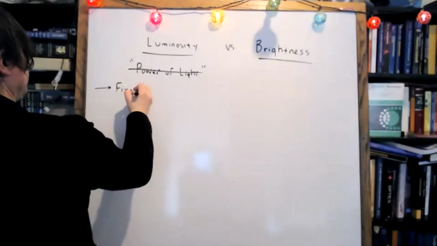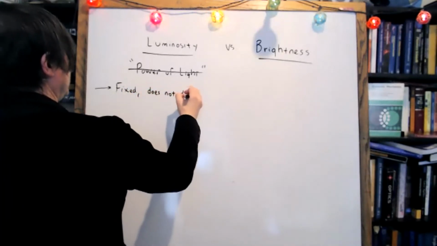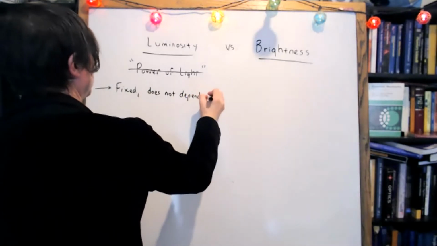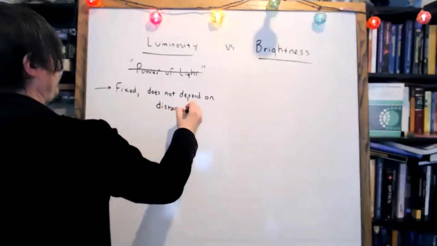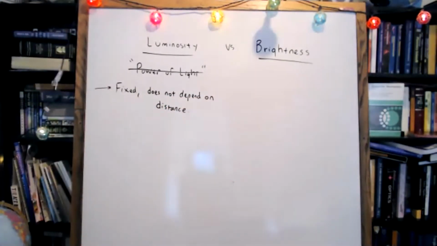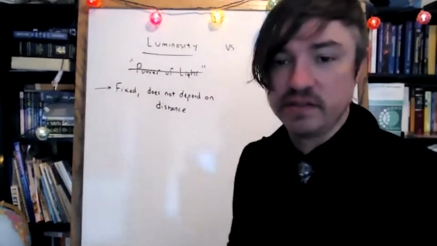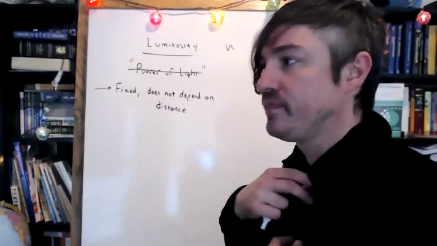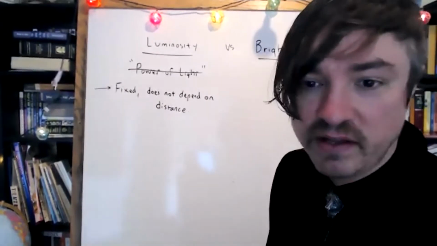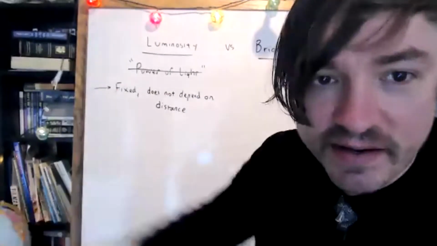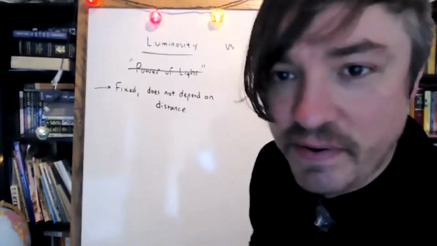It's fixed, and it does not depend on distance. A light bulb has a fixed luminosity. A star has a fixed luminosity. What's a fun glowy thing? The Biltmore sign over Providence has a fixed luminosity, or each letter does, I suppose.